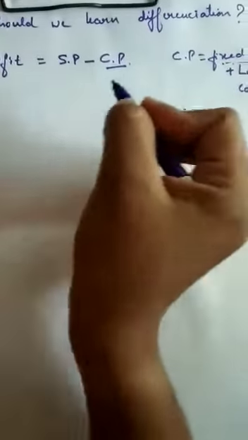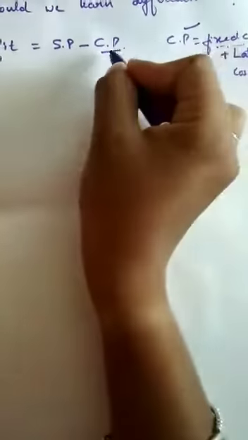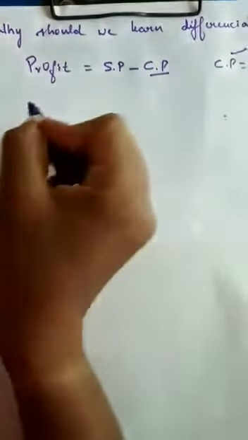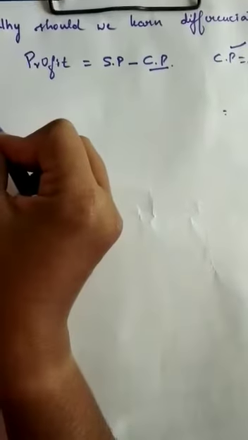And these fixed cost and labor cost are going to increase month by month, right? Everything depends upon the rent. Next, we have to calculate the cost price first. After finding the cost price, we have to put it in the profit equation. Therefore, before finding the cost price, first figure out the profit.